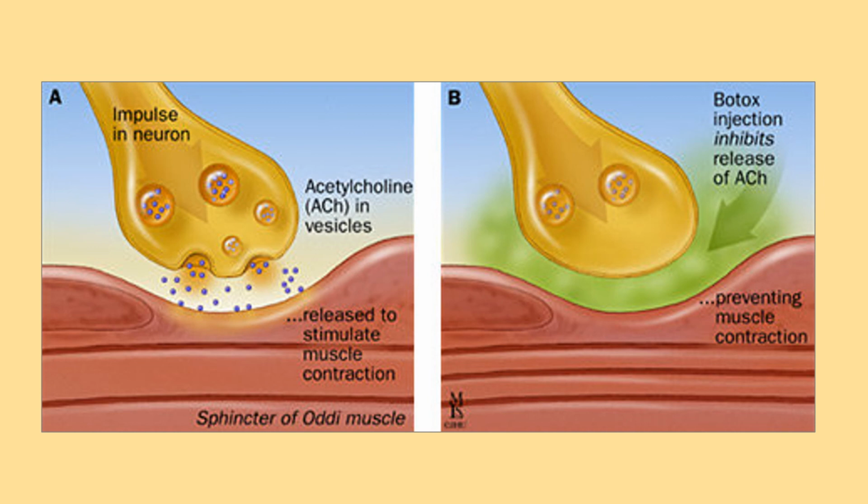Panel A shows the normal functioning of the neuromuscular junction, and panel B shows the neuromuscular junction under the influence of Botox. That motor neuron can have an action potential, but that action potential never causes exocytosis of acetylcholine.